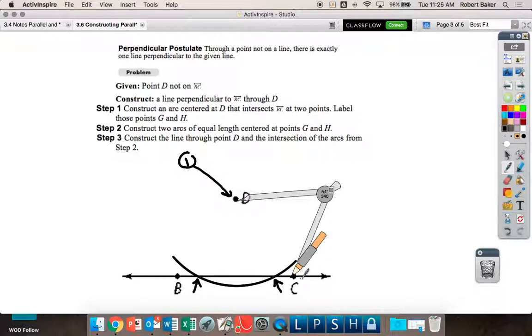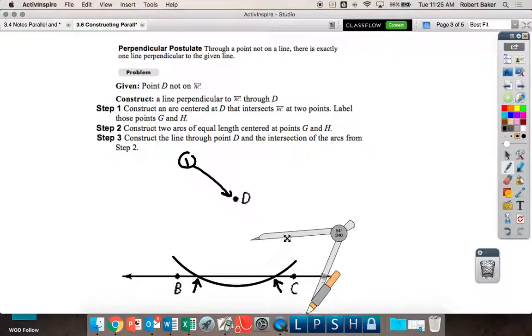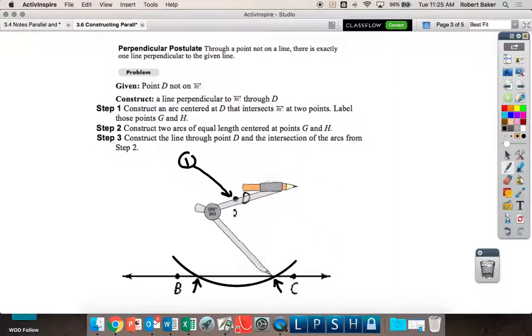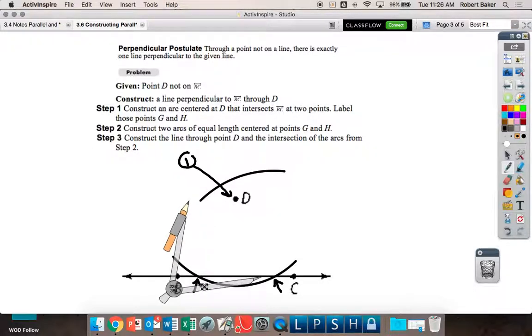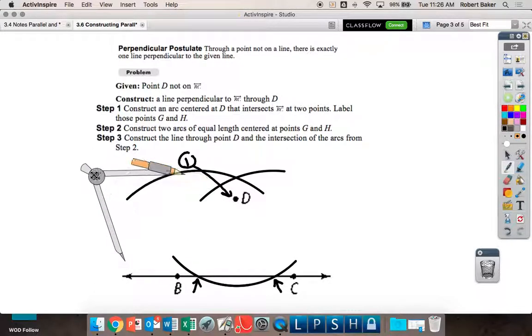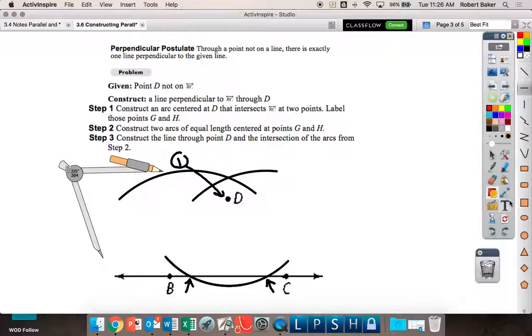Once I establish these 2 points, I put my compass here, and just like your project, you're going to swing an arc up, move to the other location, and swing an arc. When you connect this intersection through point D, it creates a perpendicular line.